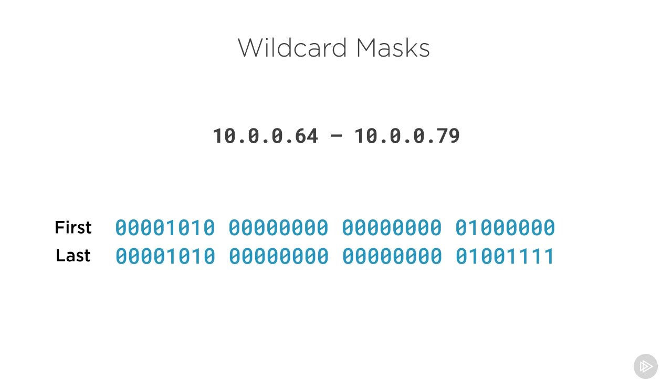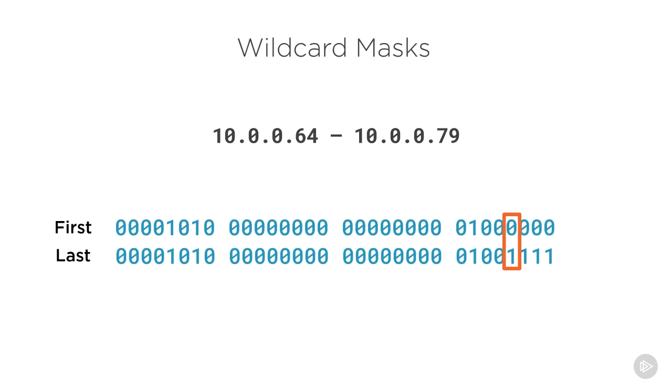And then I'm going to compare the bits. I'm going to start with my bits on the farthest left, and examine them until I find bits that no longer match in both addresses.